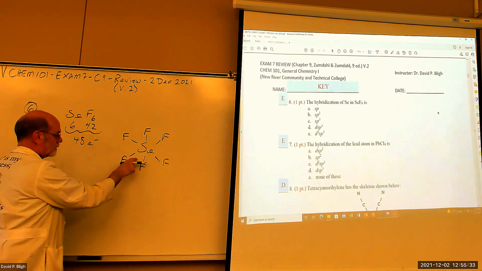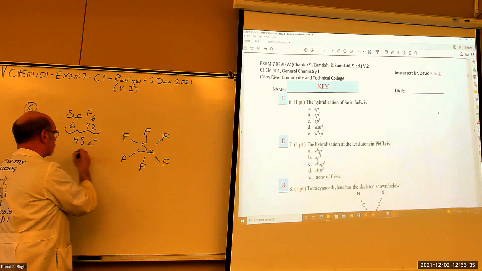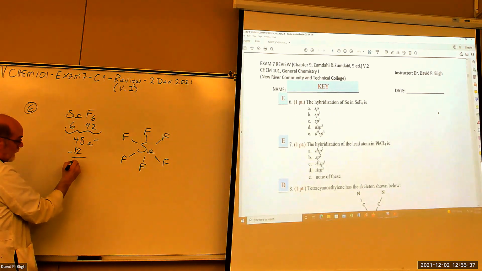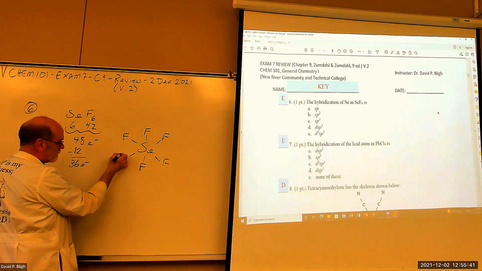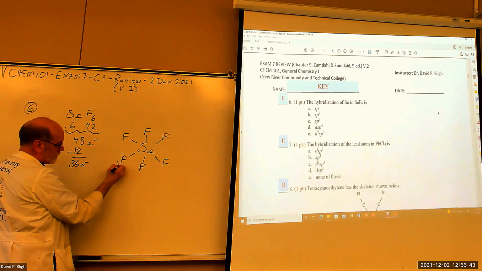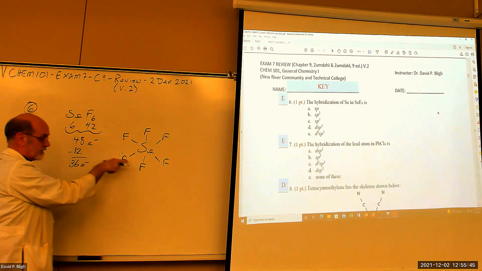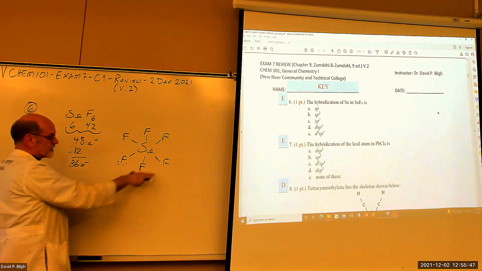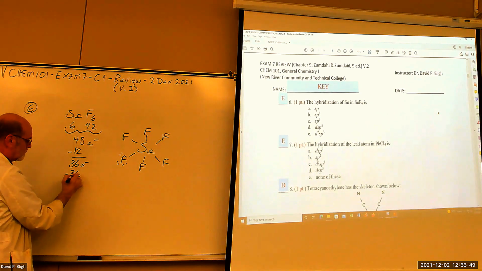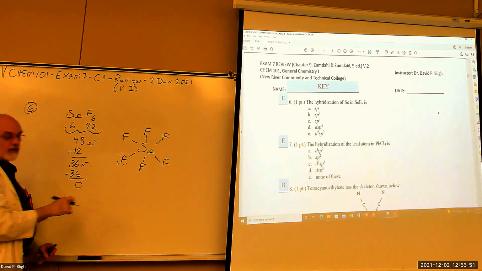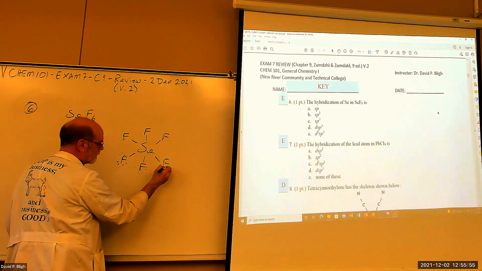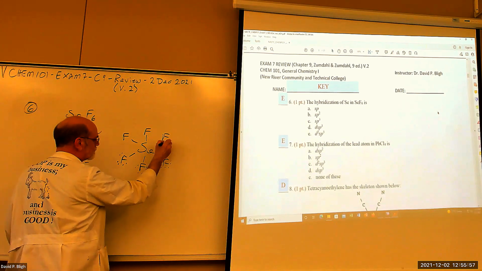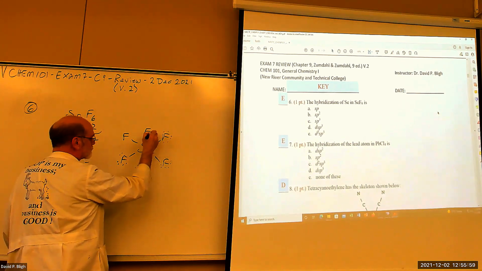Here we go. 2, 4, 6, 8, 10, 12. So we got 36 electrons left over. If we put 6 of them around each fluorine to make the octet, then 6 times 6 is 36. And we use them all up. There are no lone pairs that need to be added to selenium.